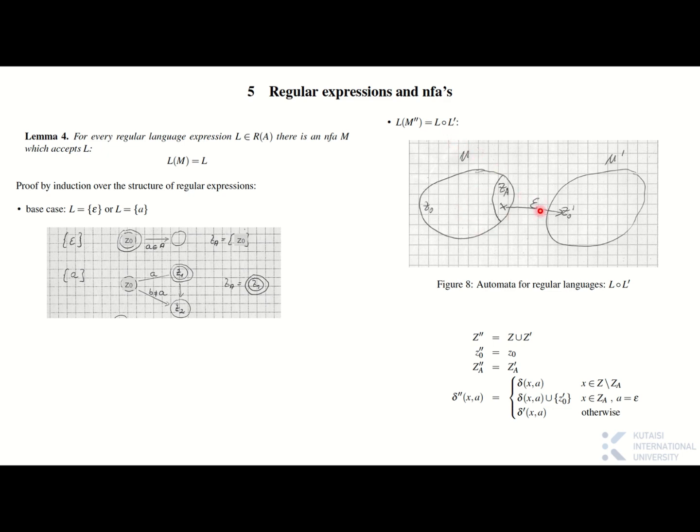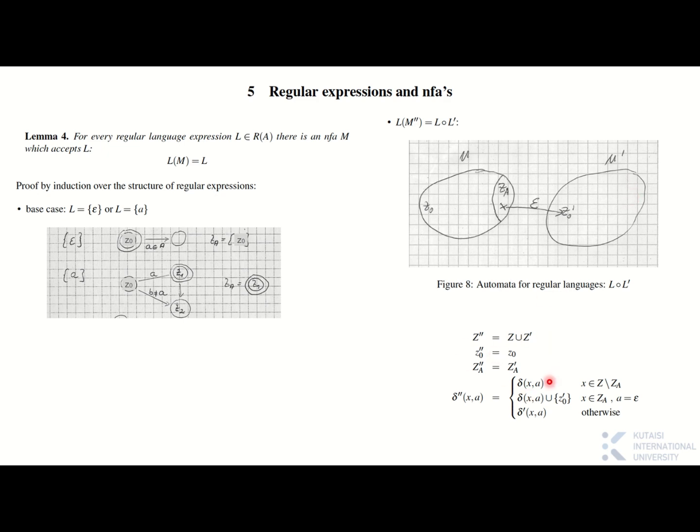How you construct it is you look at the accepting states of the first machine, and by epsilon move, you glue them to the start state of the second machine. So if you start your string here, the first machine is supposed to accept it, then by epsilon you appear in the second machine, and then you accept here, and the accepting states will be the accepting states of the second machine.